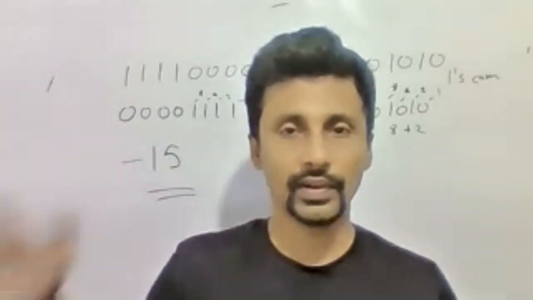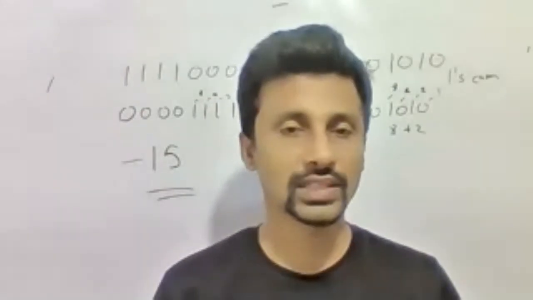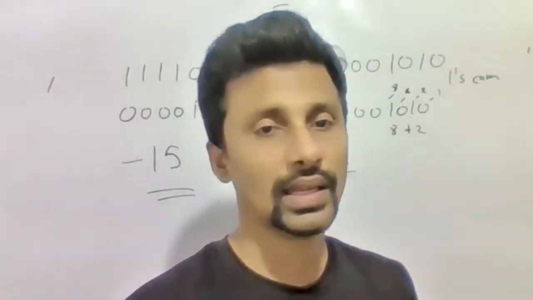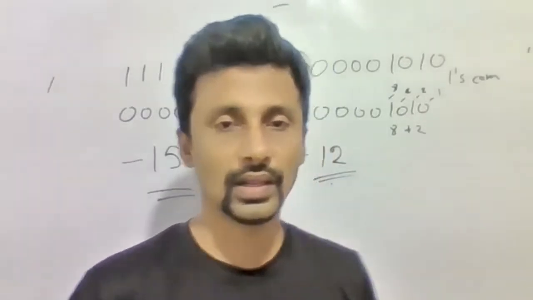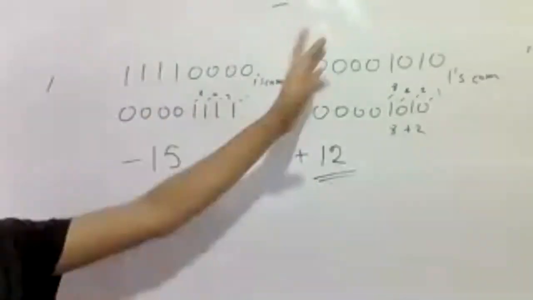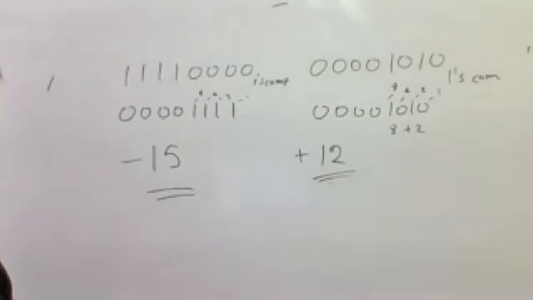Remember, when you flip the bits and convert, it will definitely be negative, so you put a minus mark on the decimal value. Make it a negative value. Take this down as an example, both of them. This is a positive, this is a negative. Take them down.